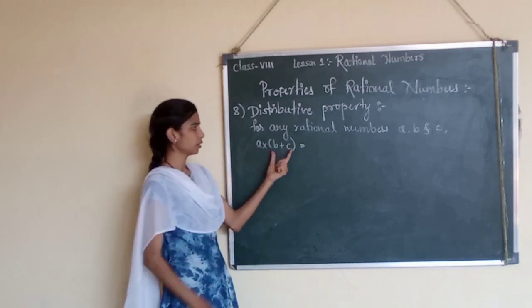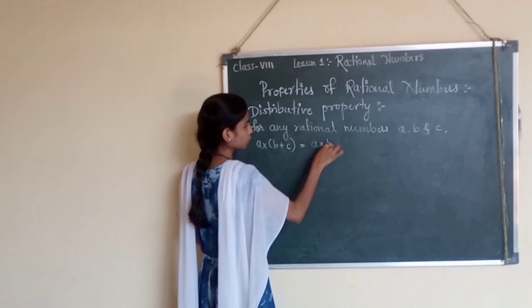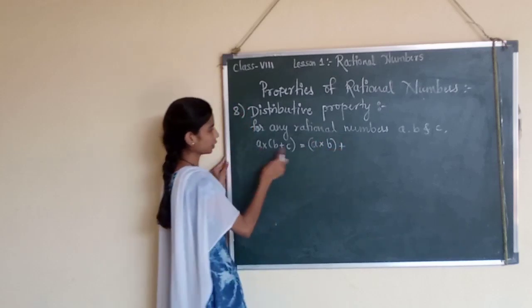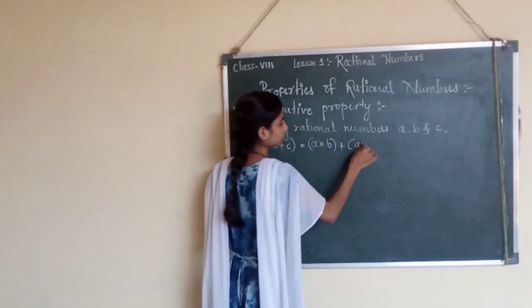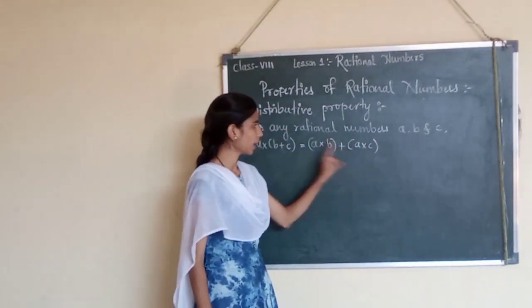When you multiply b plus c by a, you will get a into b plus a into c. Okay, this is the distributive property over addition.